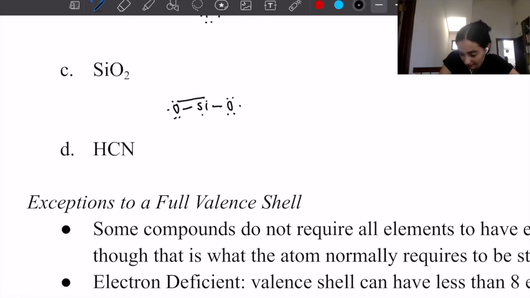I'm going to bond this oxygen electron with the 1 electron on silicon and this with another. So now we have oxygen double bonded to silicon, double bonded to another oxygen. And then as you notice, there are 4 leftover electrons on each oxygen. And I'm going to draw those as lone pairs together in groups like that.